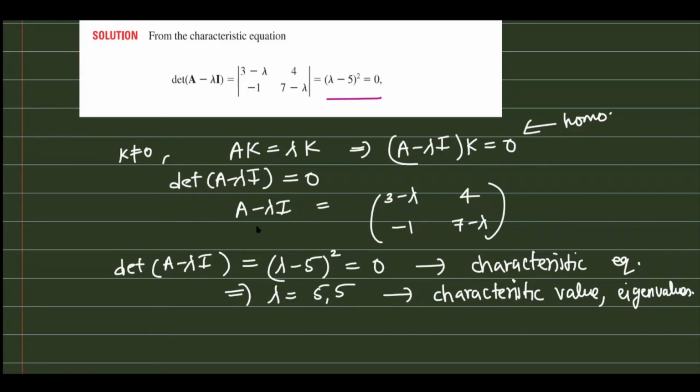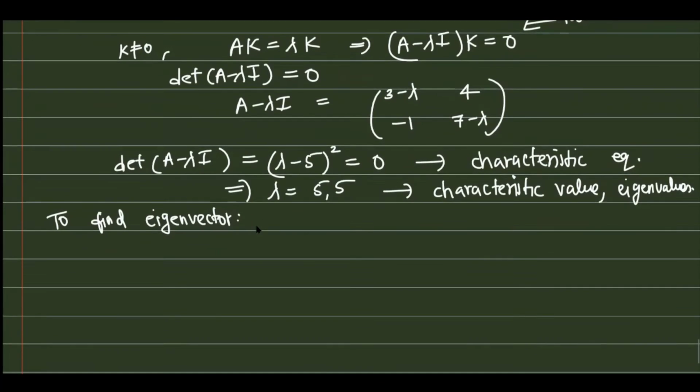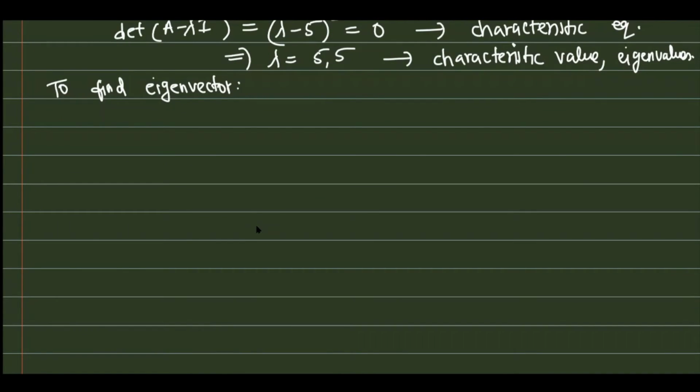Now we have to find the eigenvector. To find the eigenvector, we have to solve (A minus 5I) k equal to 0.